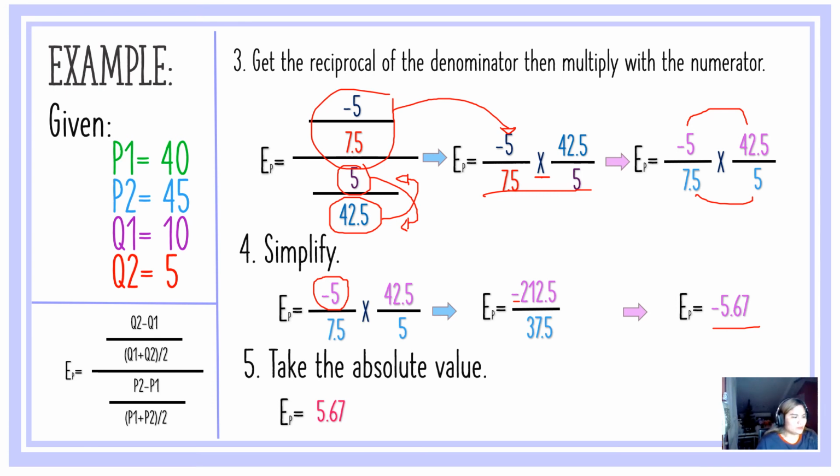And last would be taking the absolute value. For price elasticity of demand, we are always going to use the absolute value, because it will always be negative. That's why we take the absolute value, meaning always the positive. And this is the final price elasticity of demand for this example. And this is under what type? It is elastic. So this is how you get the price elasticity of demand.